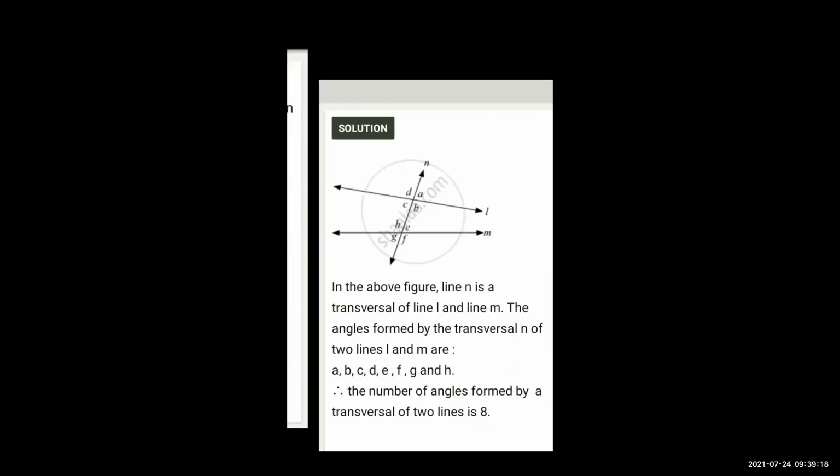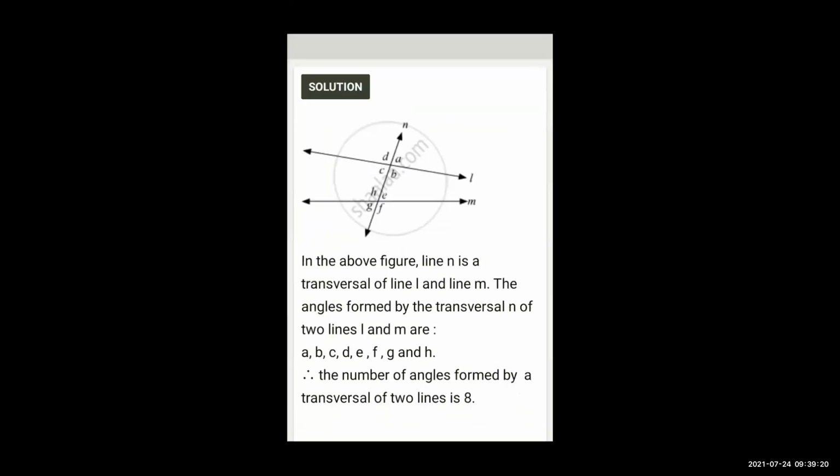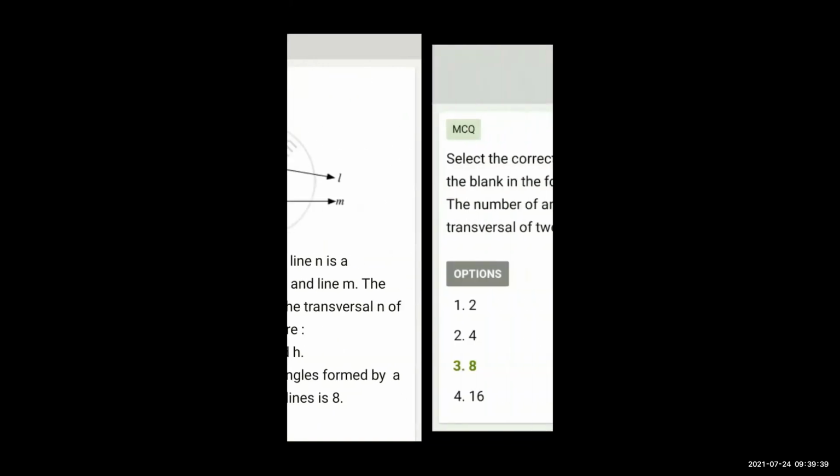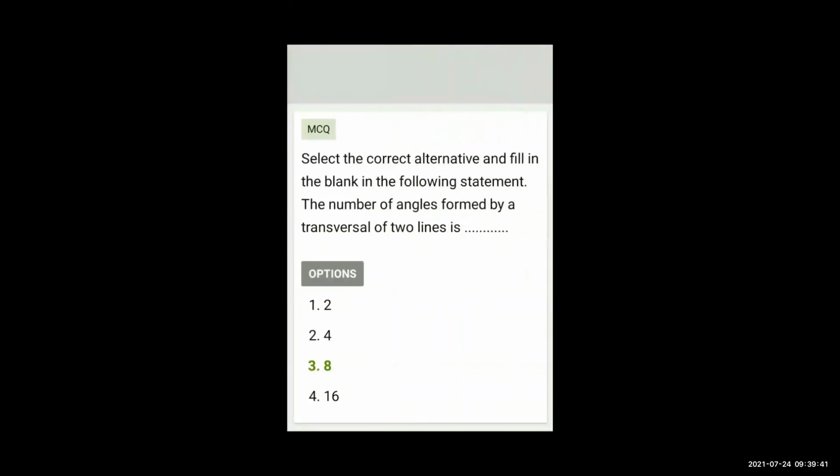Okay, and that is all mentioned here below. Okay, those all are the 8 angles. So see the last line of the description, that the number of angles formed by a transversal of 2 lines is 8. So the right option is 8. That is the solution for this MCQ.